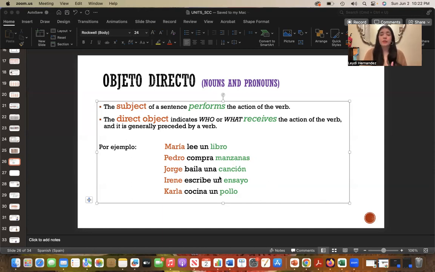Una canción, it's my direct object noun because it's receiving the action. Next example, Irene escribe un ensayo. Ensayo is an essay. So Irene is my subject, escribe is my action, and ensayo is my direct object noun because it's been written. That is what is receiving the action directly.